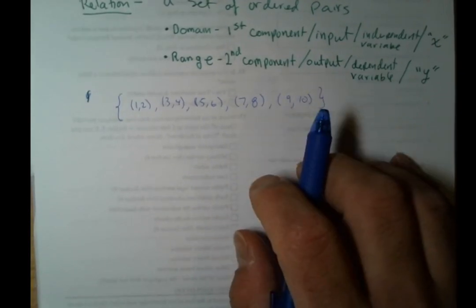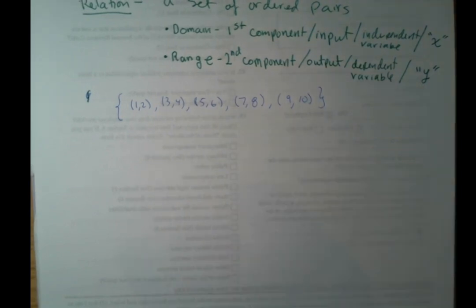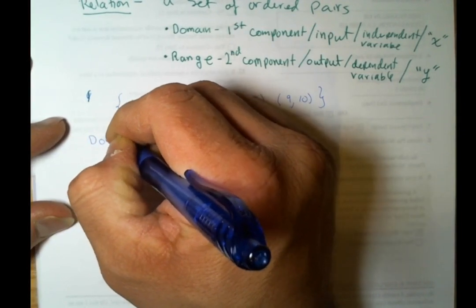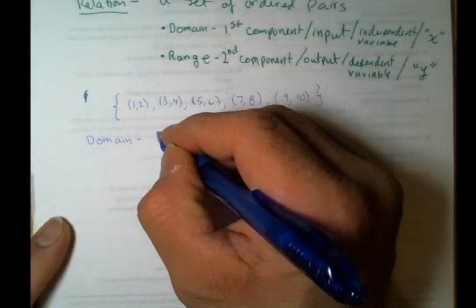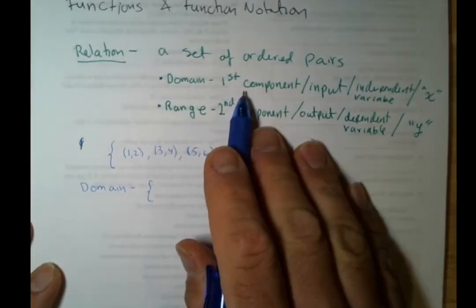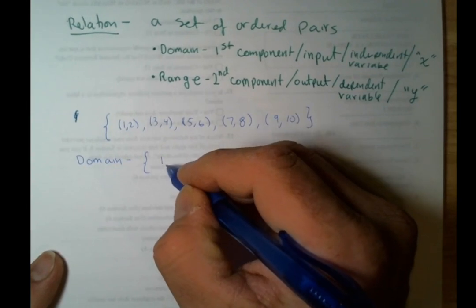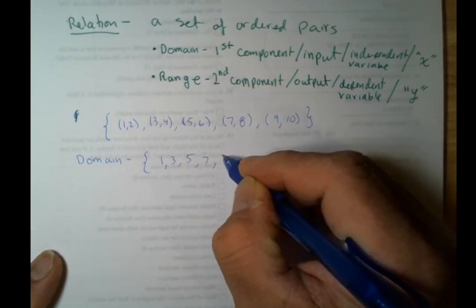Now, based on our definition of a relation here, what is the domain? If we look at our definition, the domain is the first component. So the domain is going to consist of 1, 3, 5, 7, and 9.